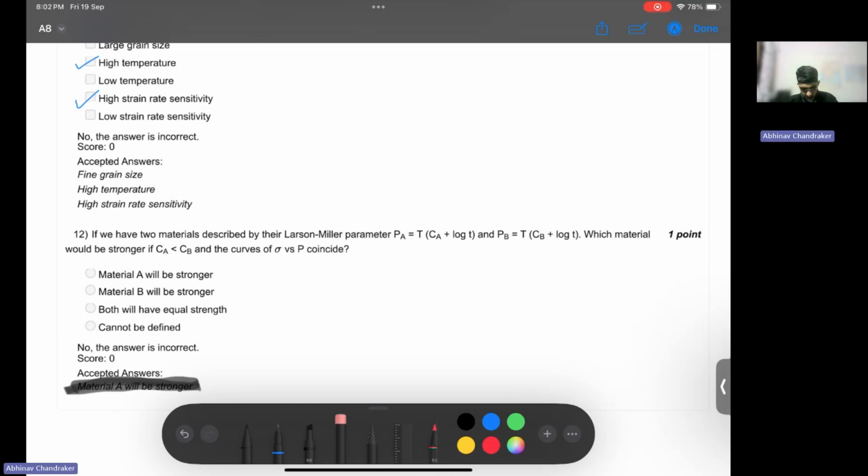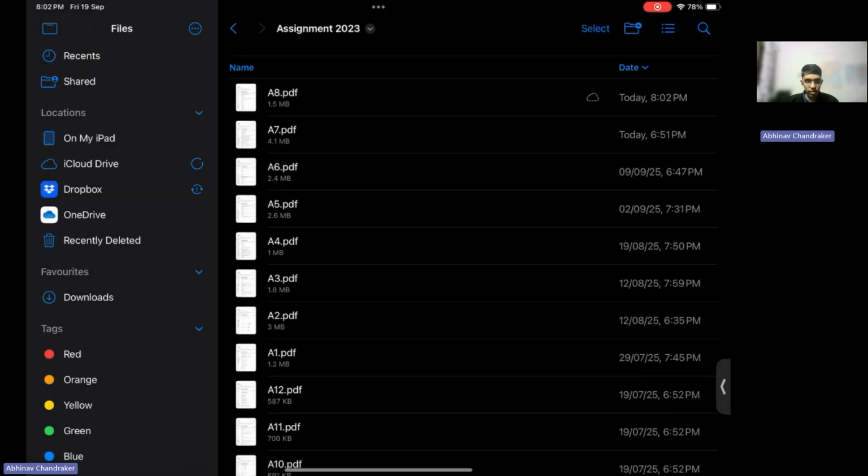LM parameter is related to the life of the material. I also can't recall. Let's look at it in the next session when we cover this portion.